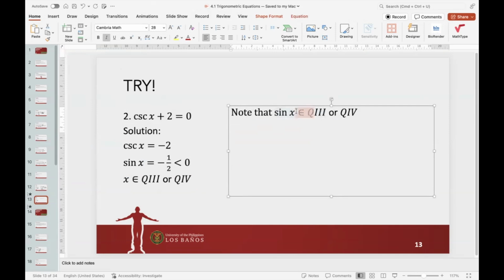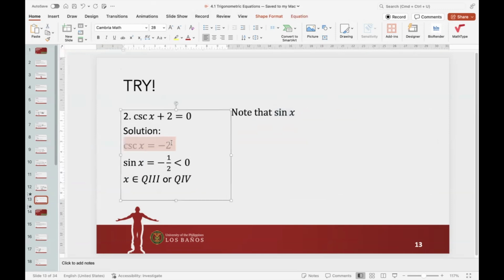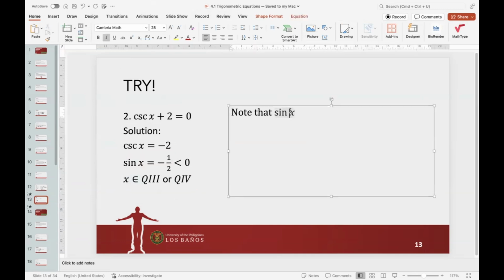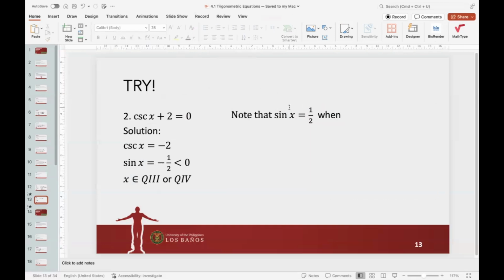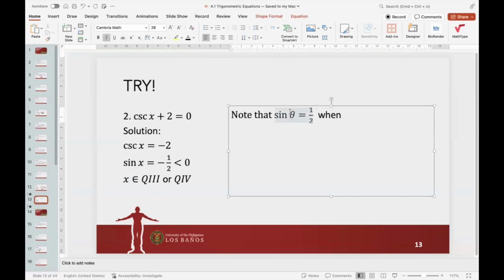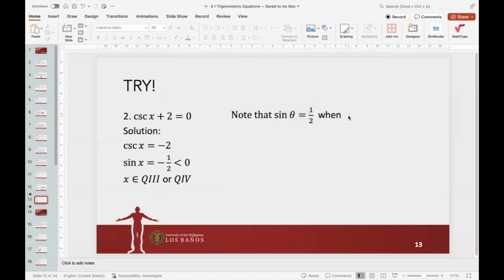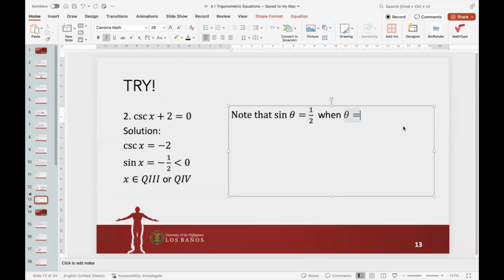Here we're now using sine x instead of cosecant x, because again these two share the same angle. Okay, so note that sine theta is equal to 1/2 when theta is equal to pi over 6. So again, pi over 6 here is our reference angle.